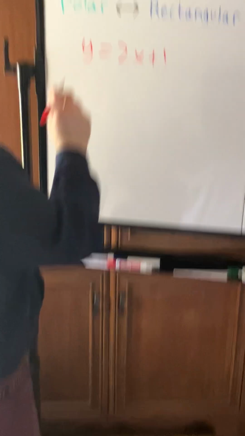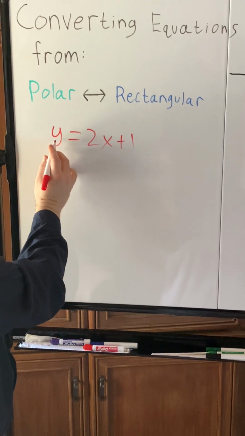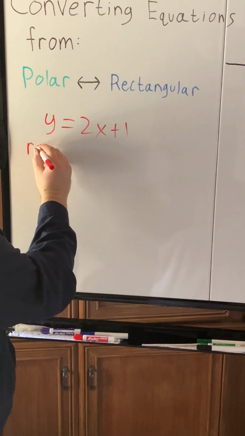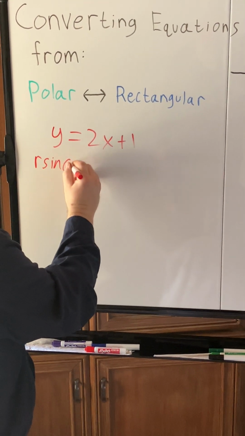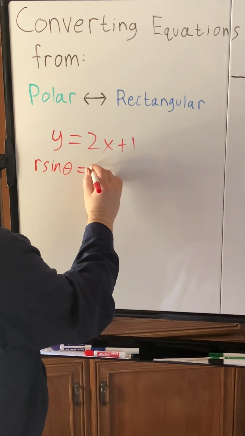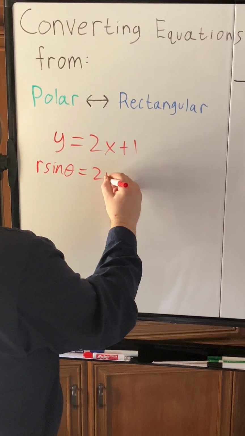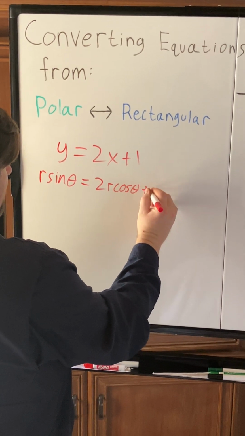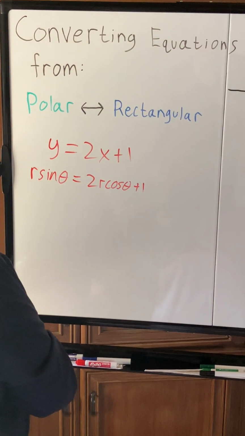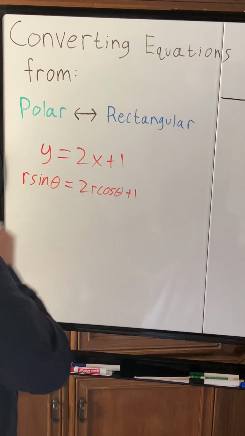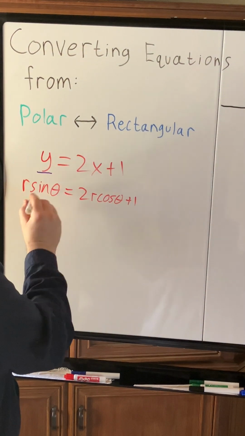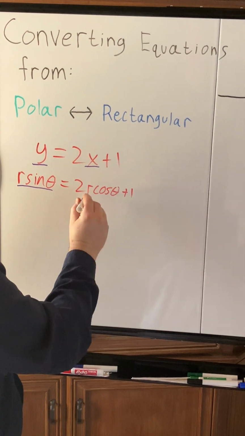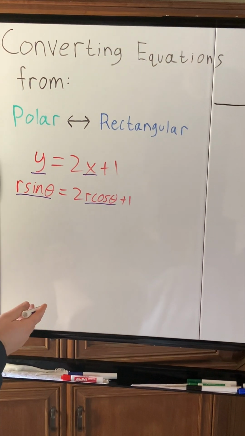Anyways, so when we're here, we're going to have direct substitution. So r sine theta equals 2 r cosine theta plus 1. Notice all I've done here, y gets r sine theta, x gets r cosine theta.